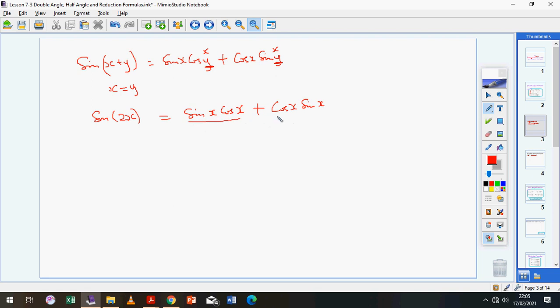This is sine x cosine x. This is cosine x sine x. Same expressions, just different order. And since it's multiplication, we know they are the same thing. And if you have the same thing, like a plus a, then that's basically 2a, 2 of the same thing. So I have 2 of sine of x cosine of x.